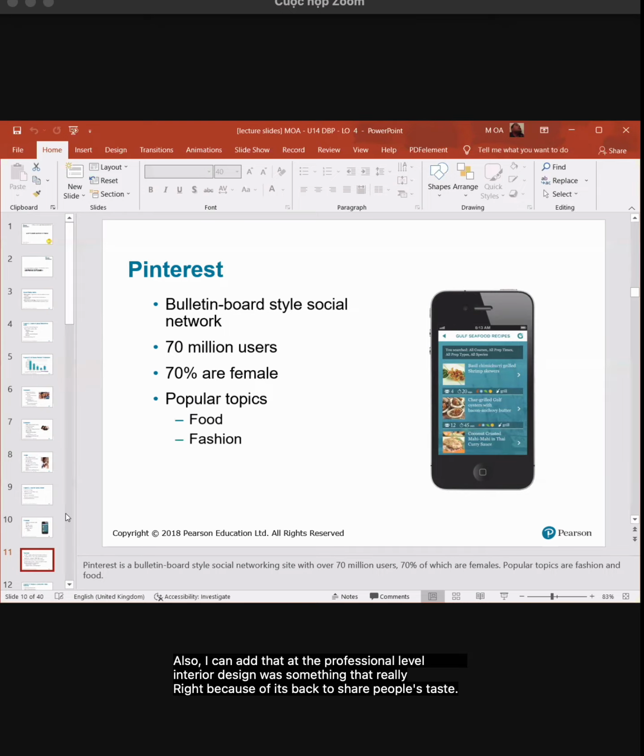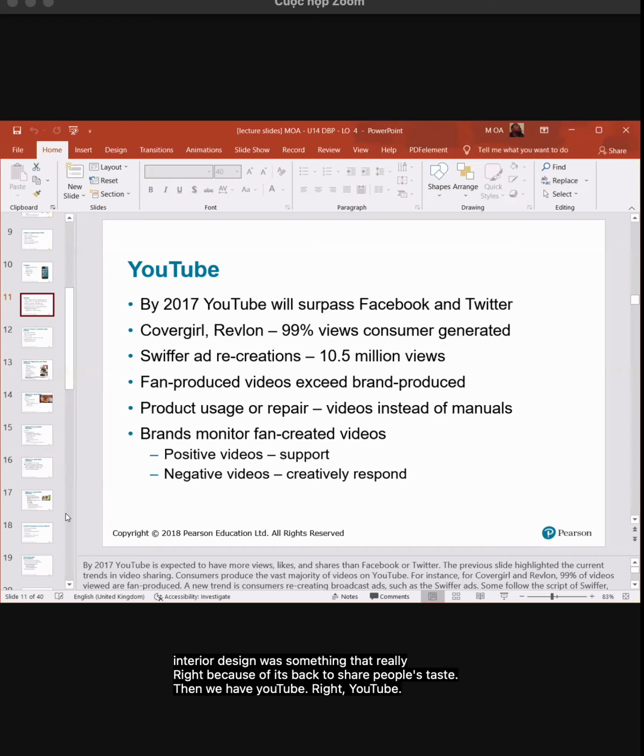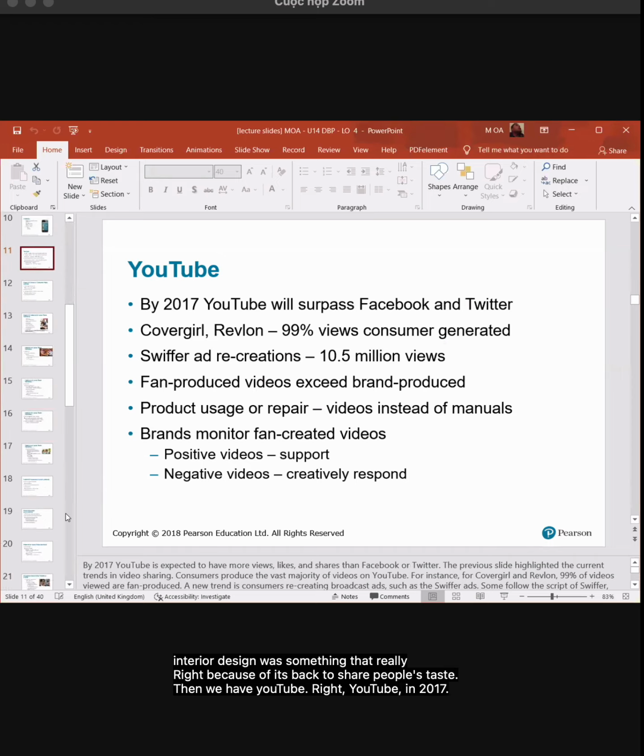Then we have YouTube, right? YouTube in 2017 surpassed Facebook and Twitter in terms of the likes and the comments that are made as a reaction to a video, which means that YouTube became one of the mainstream social media sites. Then we have a large amount of consumer-generated content.